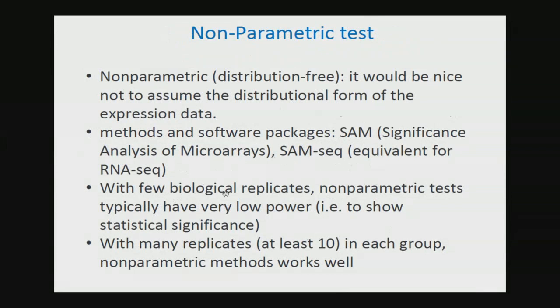But one thing with the non-parametric test is that it has low power when you have a small sample size. So you need to have at least 10 replicates in each group for non-parametric tests to work well.